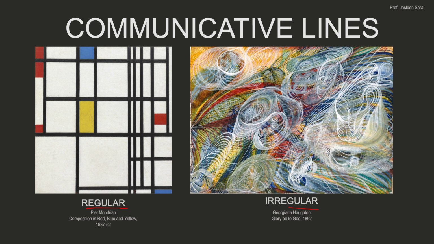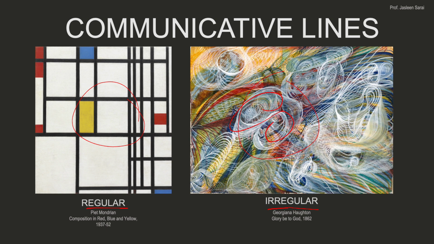There's a lot of alignment going on here. Things make more sense, okay? It's organized. Irregular lines can show chaos and indecision. Even though there's some regularity in here with the repetition going on, this is definitely more irregular than this piece right here, right?